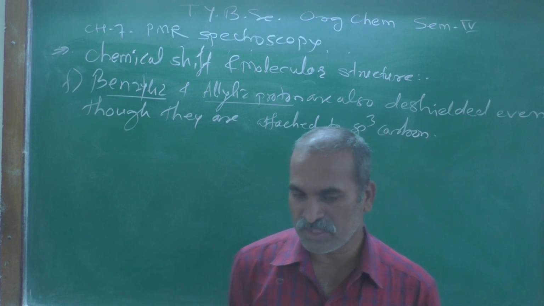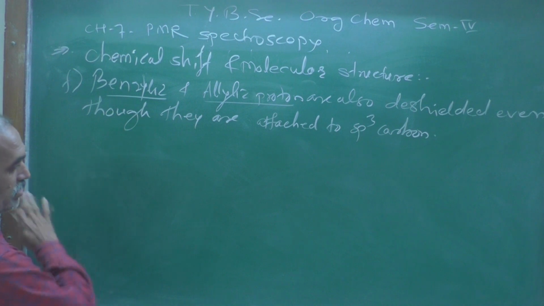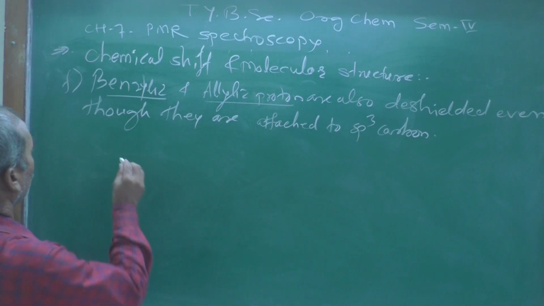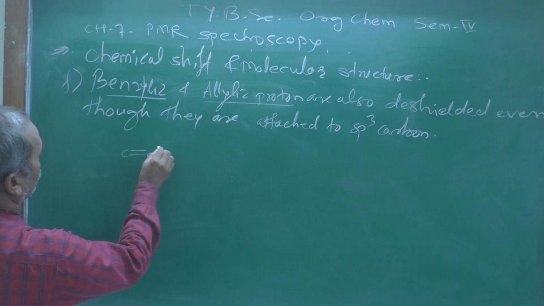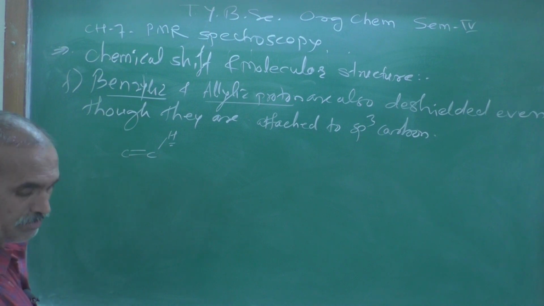In the previous case we discussed the vinylic proton. A vinylic proton means a proton attached to a carbon-carbon double bond. This is known as a vinylic proton.